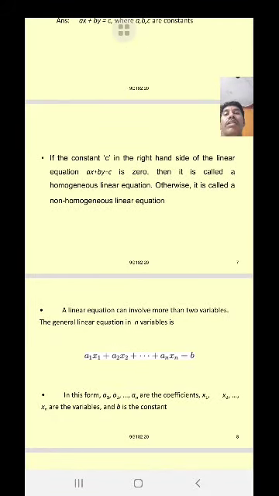If the constant c on the right hand side of the linear equation ax plus by equals c is 0, then it is called a homogeneous linear equation. Otherwise, it is called a non-homogeneous linear equation.